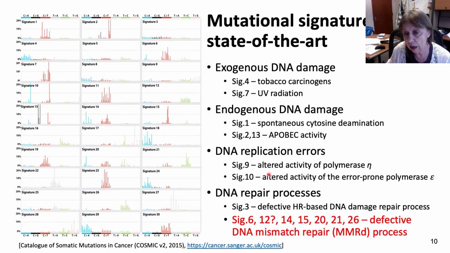Other processes had an indirect suggestion of what the signature may be corresponding to. Some of them were perhaps something that I will come back to, as a number of different signatures associated with one mismatch repair process, and we'll discuss that later.